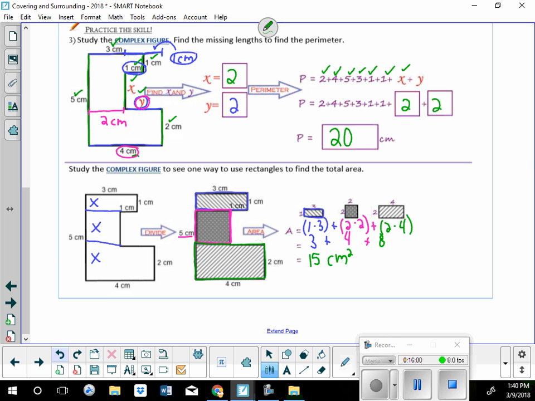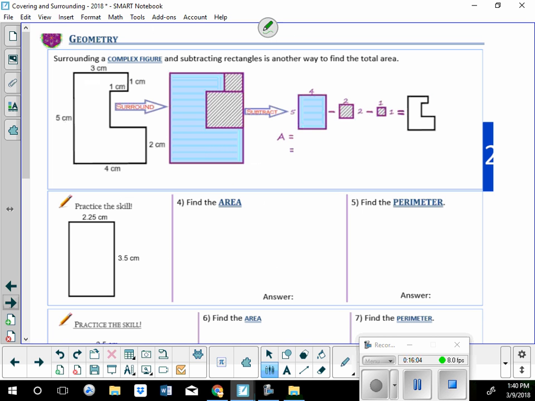Okay. My next strategy is to take my shape and turn it into a rectangle, to surround it with a rectangle.